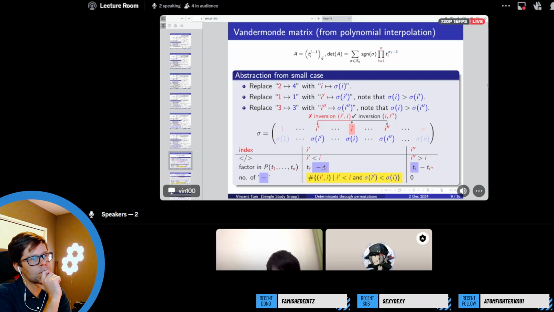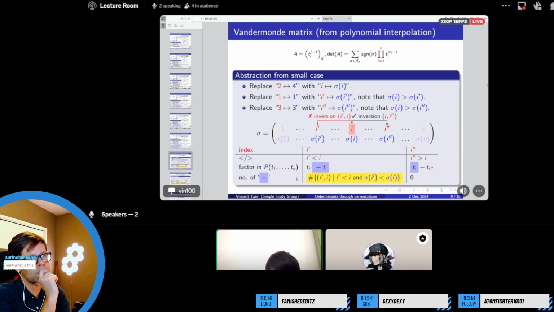So we observe that when there is no inversion, there will be a minus sign. And if there's an inversion here, then you will see no minus sign.